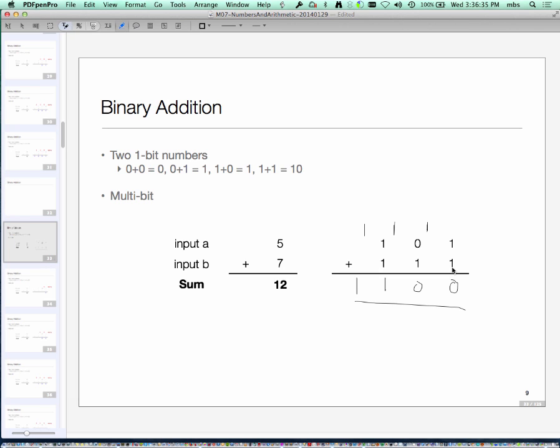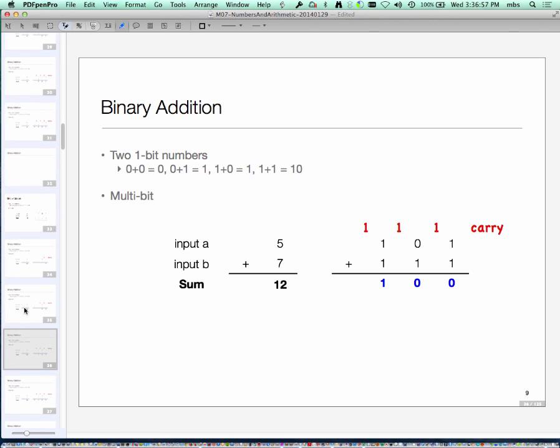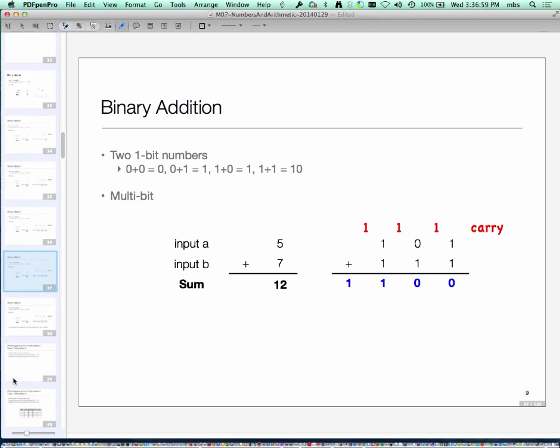So I have three inputs, carry in, A and B, and I have two outputs, sum and carry out. So the combinational logic for each bit position is going to have 3 1-bit inputs and 2 1-bit outputs. And I'm going to chain them together. So yeah, we just did it ourselves, so don't worry about it.